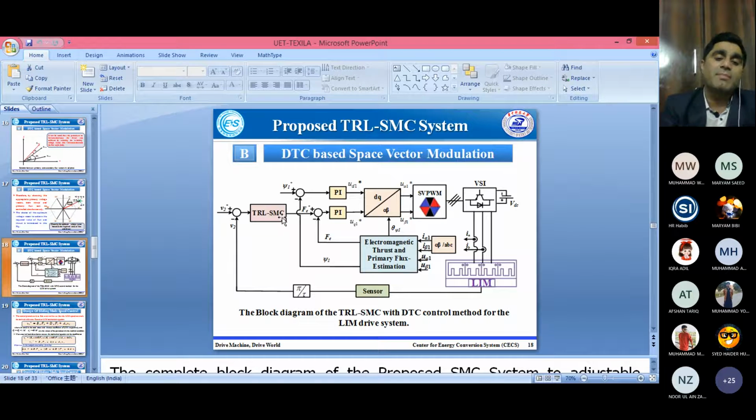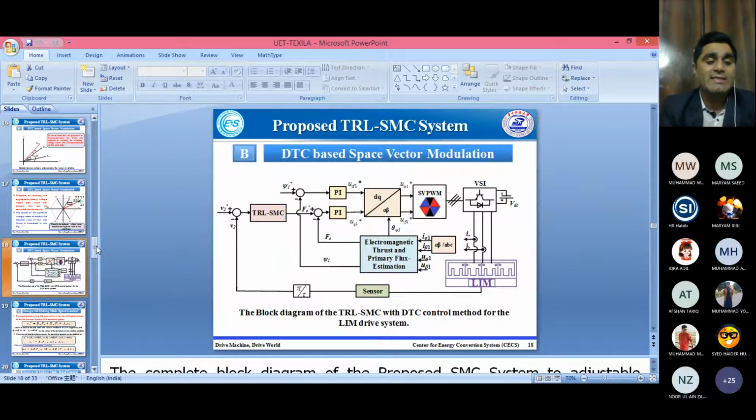Another method to compare is the conventional ERL SMC. So we compare three methods on the same machine: the ERL SMC is better than the conventional DTC based on the PI regulator, and the TRL SMC is superior to the conventional ERL SMC.